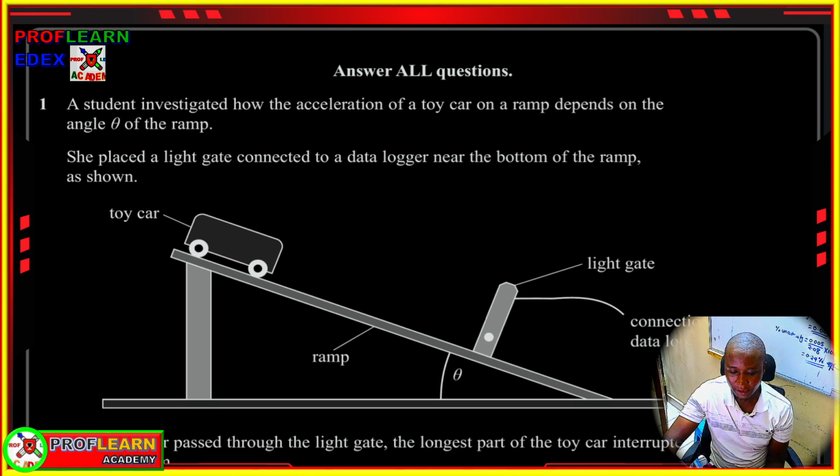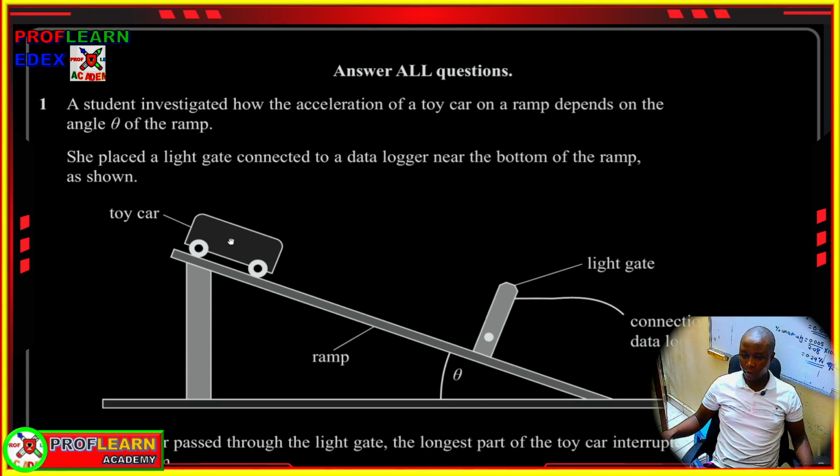So we're told here a student investigated how the acceleration of a toy car on a ramp depends on the angle of the ramp, which is displayed on the screen. You can see we are given a toy car at a given point, and it's going to move down the slope to pass through the light gate.